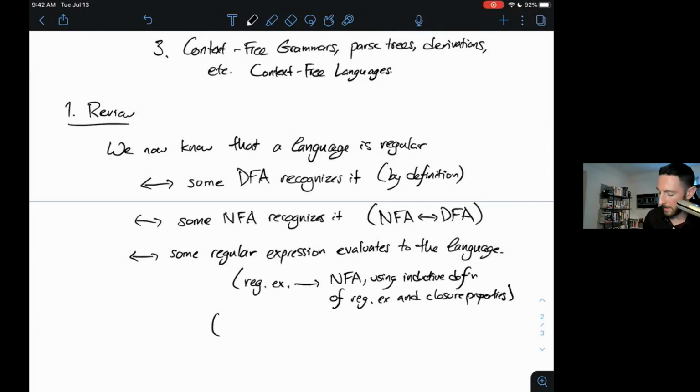That was the one direction. And then we also showed that a regular language, which is recognized by some DFA, can always be converted to a new thing called a GNFA, a complicated automaton with some special rules that labels its transitions with regular expressions. And then GNFAs can be boiled down to regular expressions. So we can go backwards and forwards between regular expressions and regular languages.